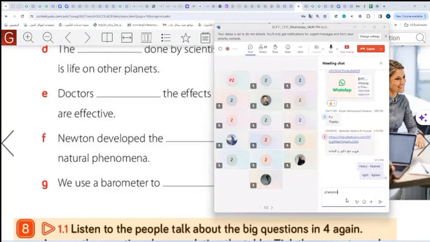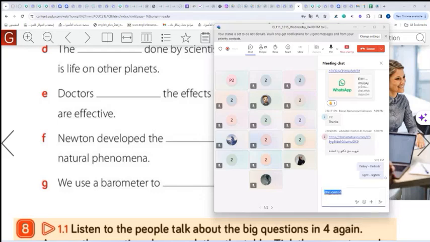So what is the singular noun? Do you know? It's phenomenon. Yes, dear students, this one.